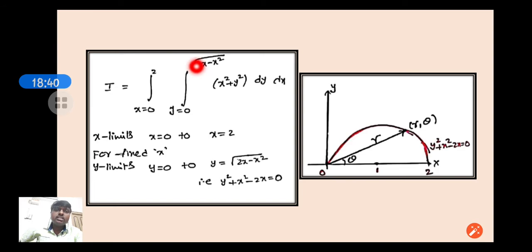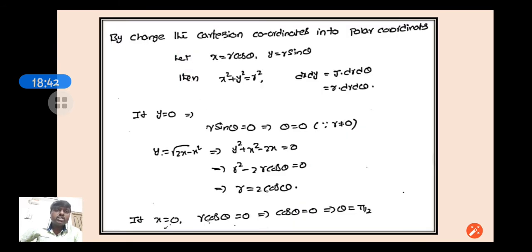Now I think about the limits. First of all, the lower limit y equal to 0. Y is nothing but r sin theta, so r sin theta is equal to 0. That implies r is never 0, so sin theta is equal to 0. Sin theta is 0 only when theta is equal to 0.